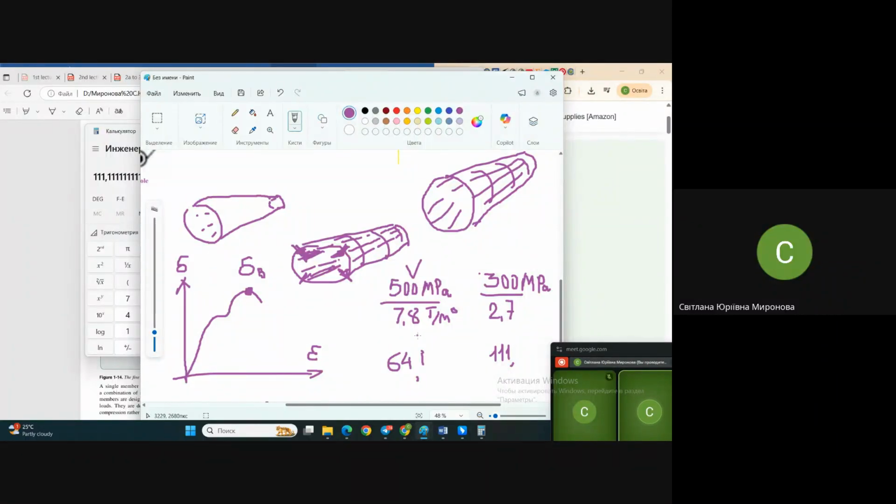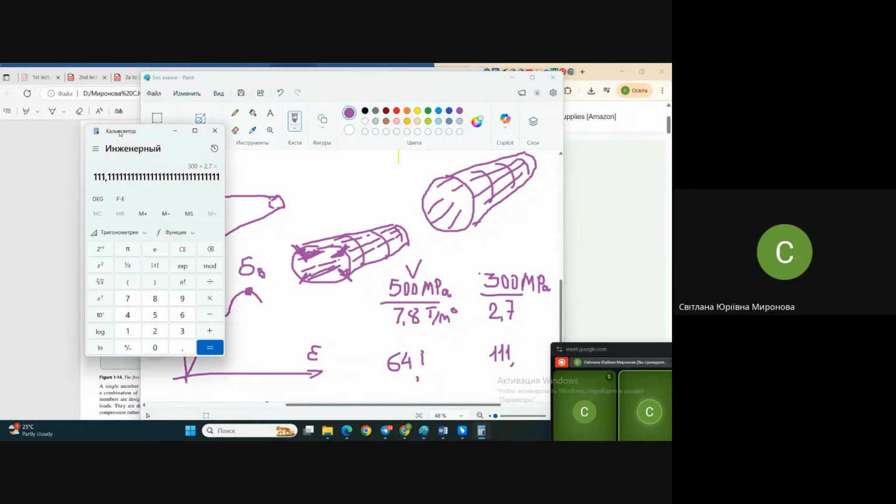And even if we take some more significant values, let's imagine it was still 1000 megapascal divided by 7.8. No, that is even better than aluminium already.